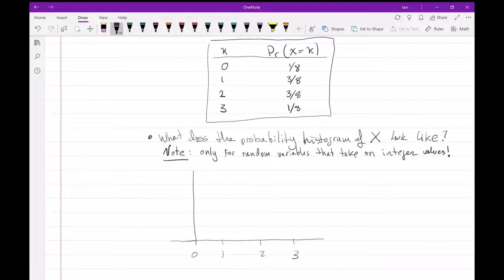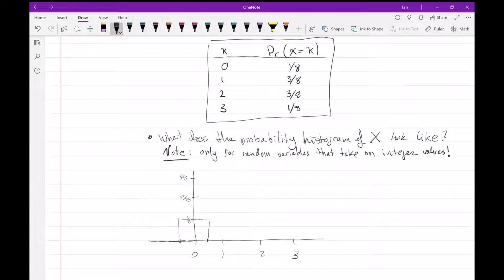So let's say this is 1/8, this is 2/8, and then this is 3/8. Around 0, I'm going to make a bar of width 1. It's going to go here, up to 1/8.